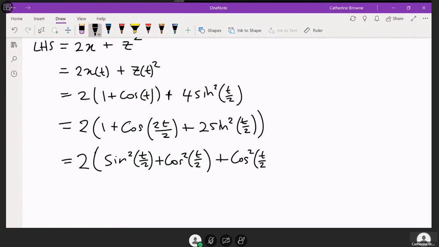And here I've used the double angle formula to rewrite that cosine t as cosine squared t on 2 minus sine squared t on 2.